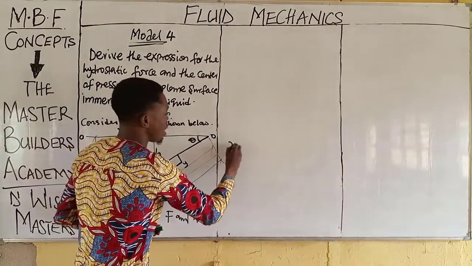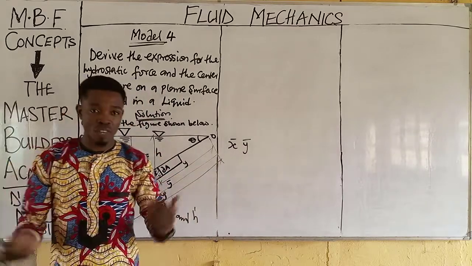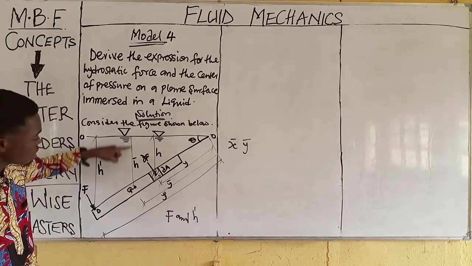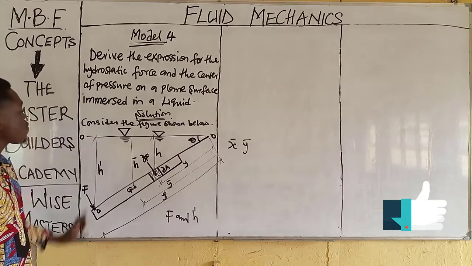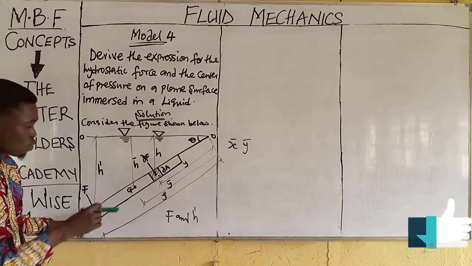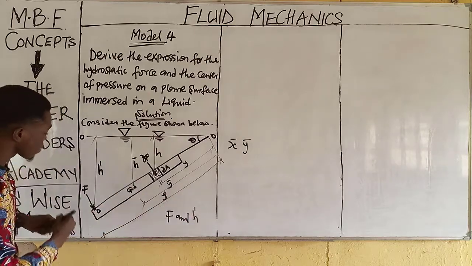Just the same way you have x bar or y bar when you are finding first moment of area, second moment of area, or you are obtaining centroid. So this is the centroid. So for this section now, this is the vertical distance and this is the inclined distance. While for the center of pressure at this point where the hydrostatic force, which is the force due to what? The force of water, are we there? Acting on this body.